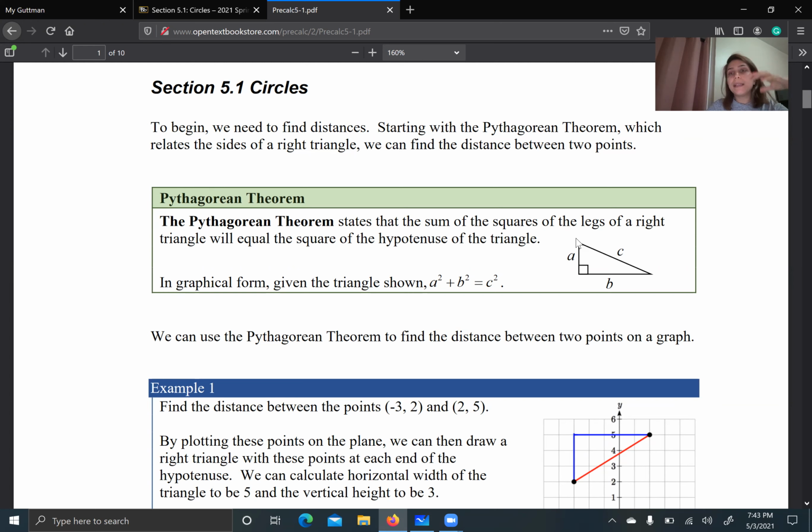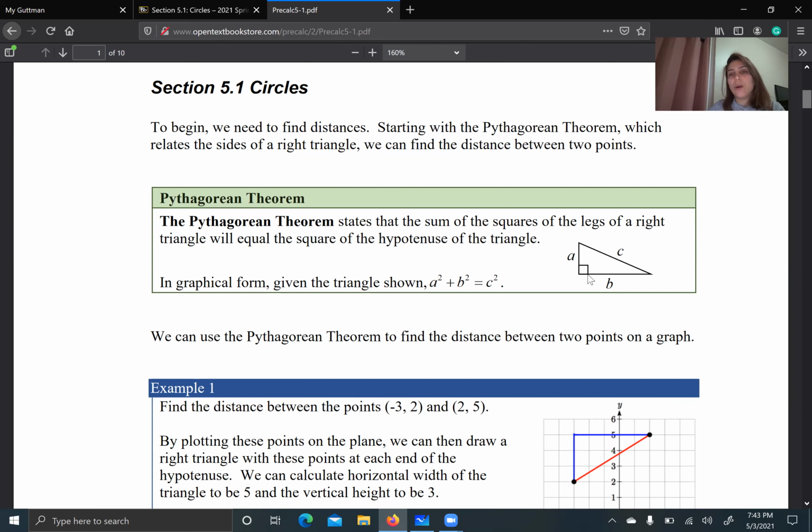It's a statement about a right triangle. When we have a right triangle, the sum of the squares of the legs of the right triangle will be equal to the square of the hypotenuse.